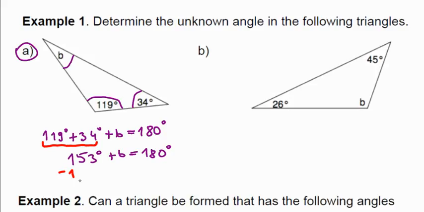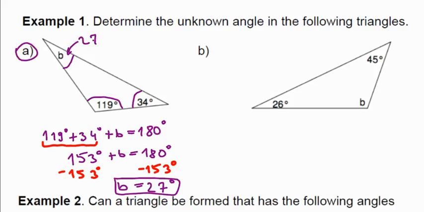We subtract 153 here, and it turns out that B is equal to 180 minus 153, and that is 27 degrees. That's how much this angle is. There we go, and that is the process. Usually we will have two angles, and then we can calculate the third one.